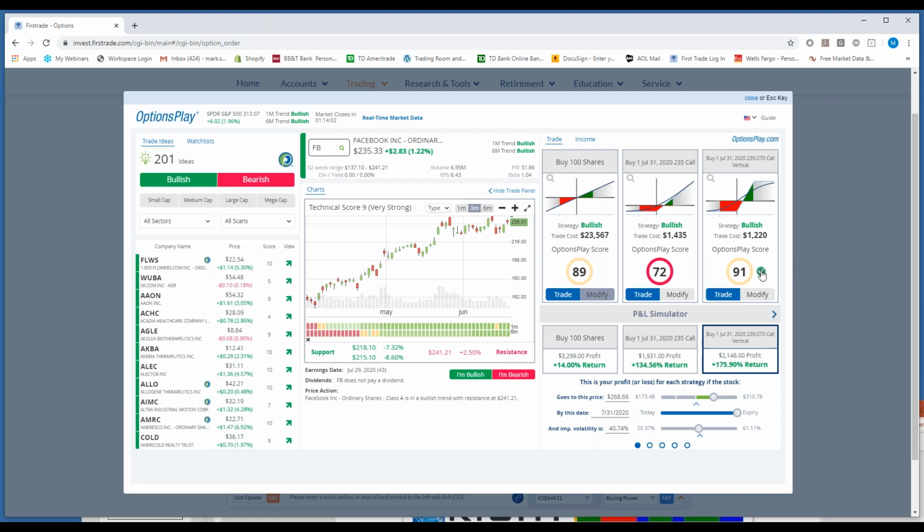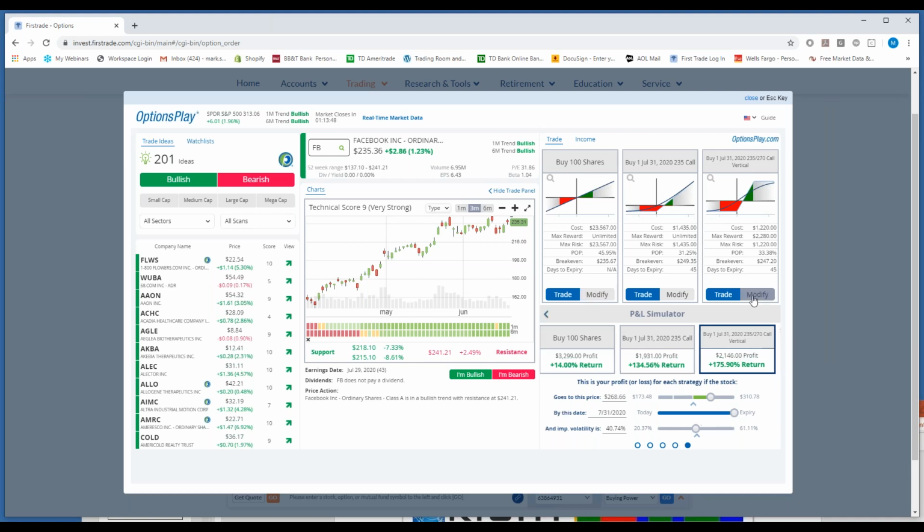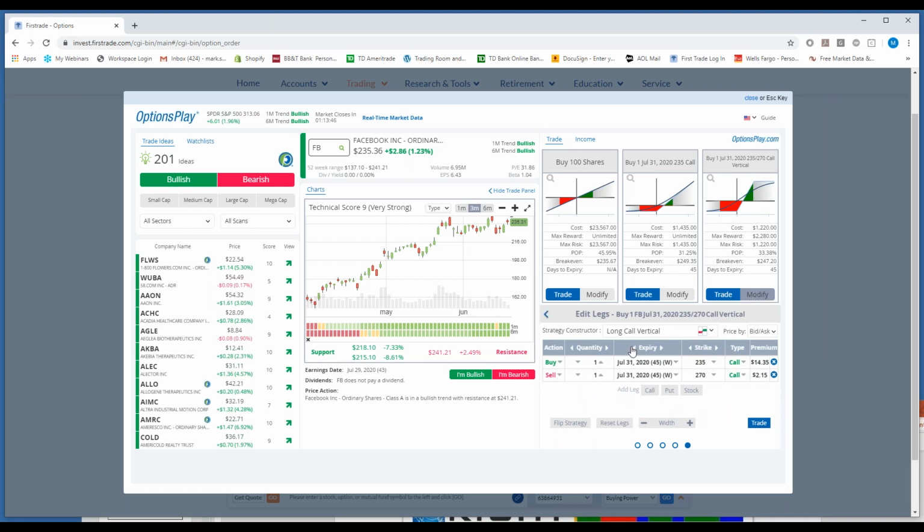I really like the way it gives you this check that says, hey, I'm the trade. And it's giving it to you on a July 31st, but you know that you can change that. All you have to do is modify and go back. We wouldn't take the July 17s.